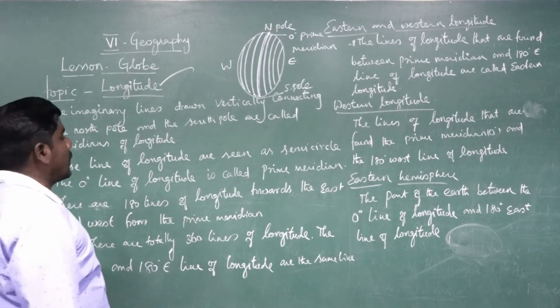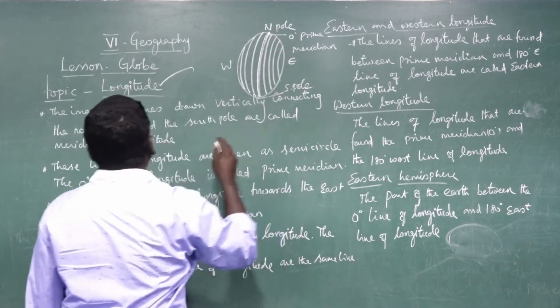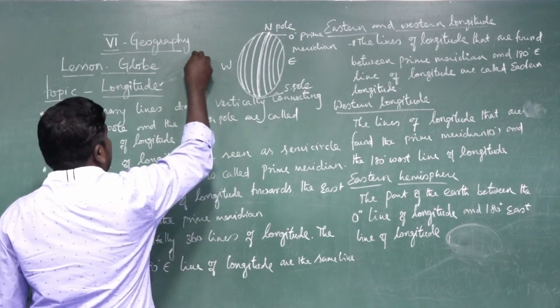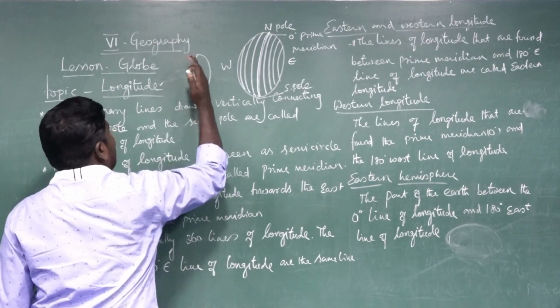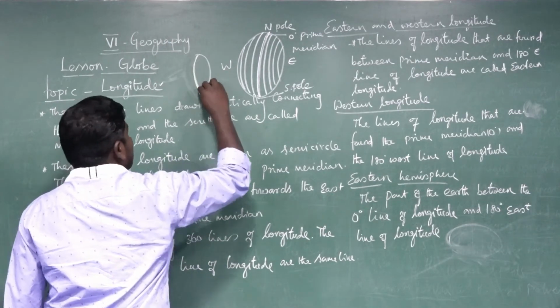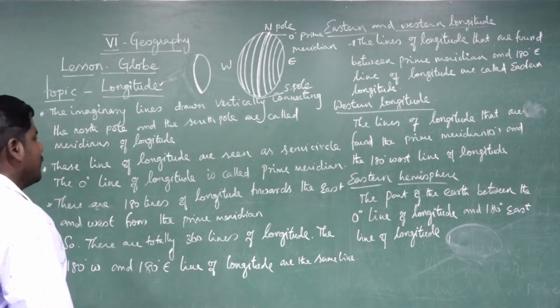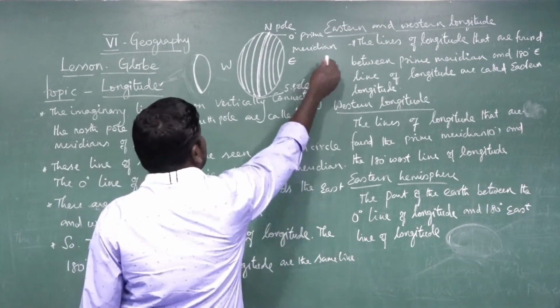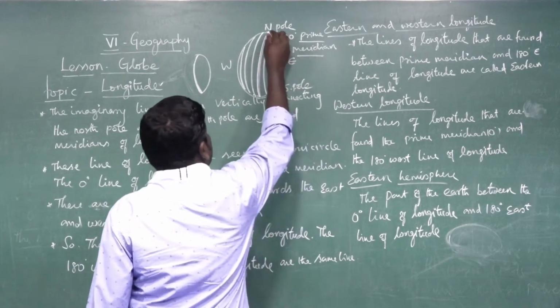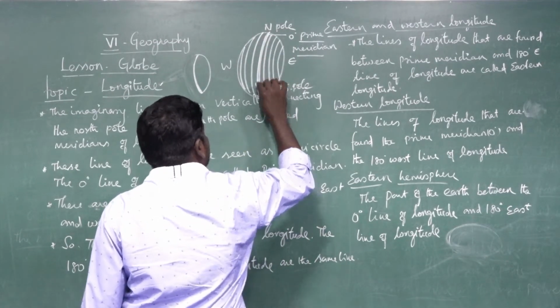These lines of longitude are seen as semicircles. The 0 degree line of longitude is called the prime meridian.